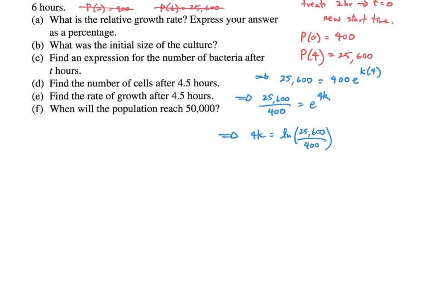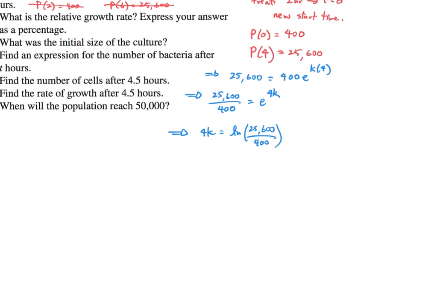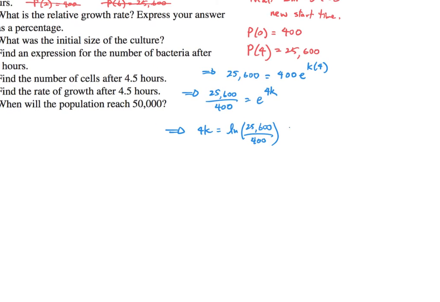To get k, I divide both sides by 4. So k is equal to 1 over 4 times the natural log of 25,600 divided by 400, which is just 64. This will be our value of k. Let me highlight that.